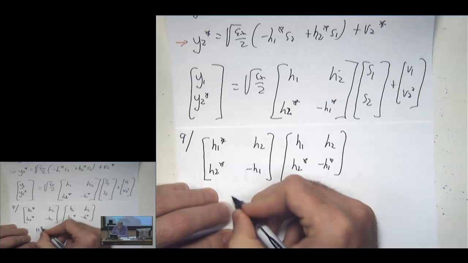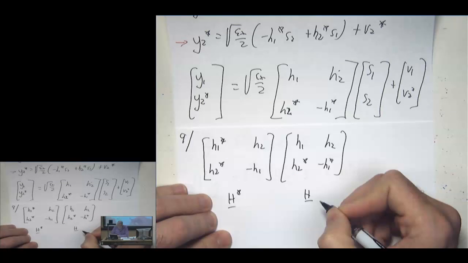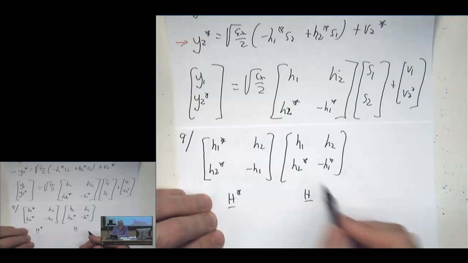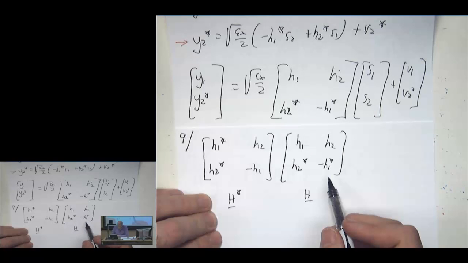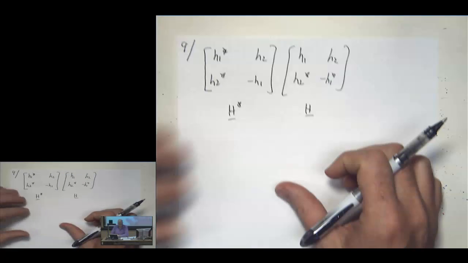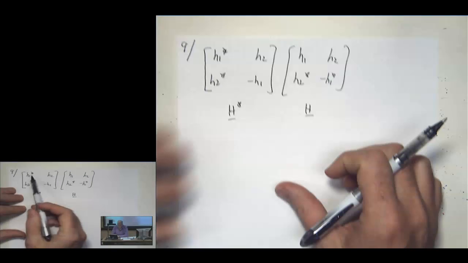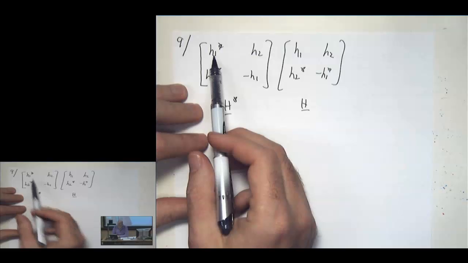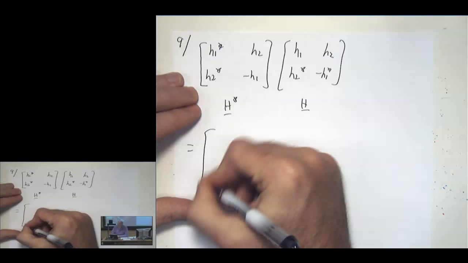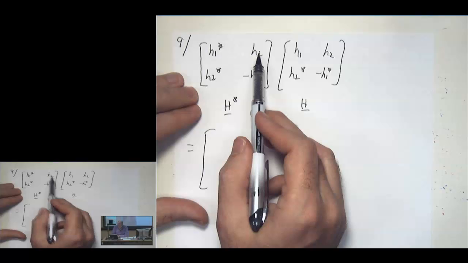So this is H conjugate, this is H here. Okay, so we're multiplying both of these together. Let's go through and look at this. We multiply through: h1 star h1 plus h2 h2 star.